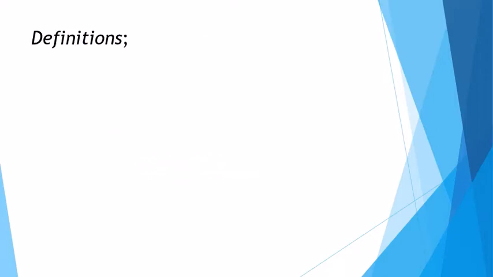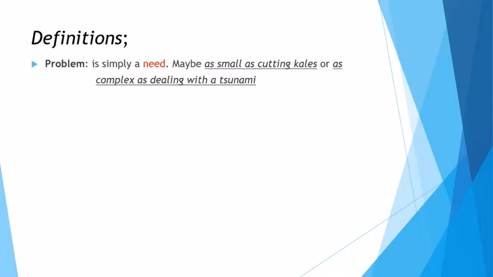Let's start with a few definitions here. What is a problem? In understanding these three subjects, they all work hand in hand to solve some problem, and therefore we need to understand what is a problem in our day-to-day lives or activities. A problem is simply a need in the society.